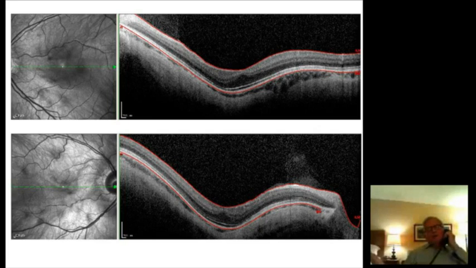And Dr. Proudlock's group have well documented the various grades of albinism. Subtle albinism is very frequently missed. In every patient that I have with infantile nystagmus, at some point I get an OCT to rule out albinism, just to make sure I'm not missing the diagnosis.